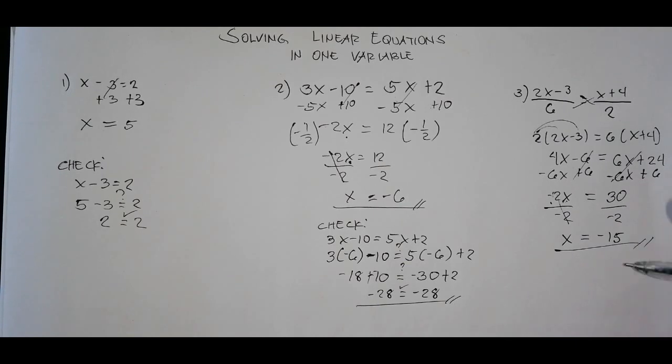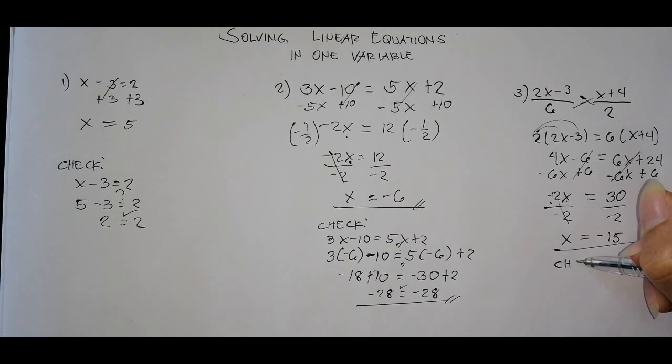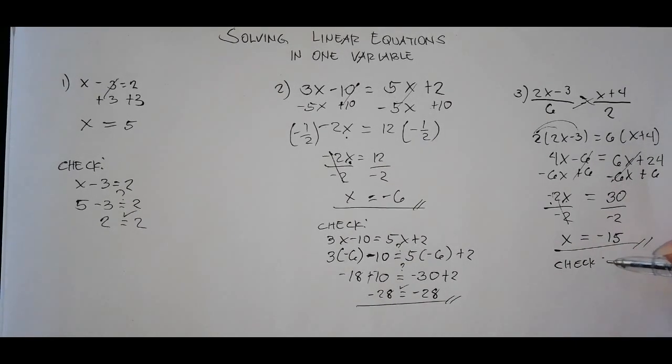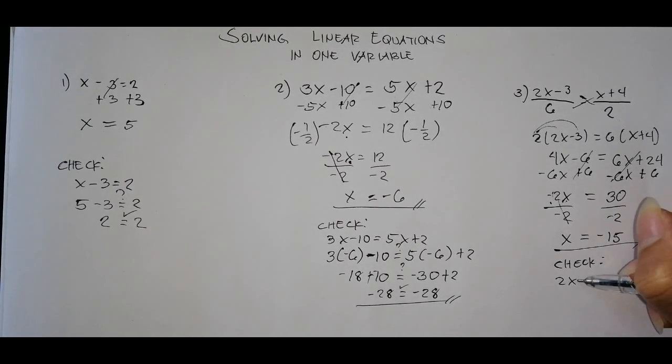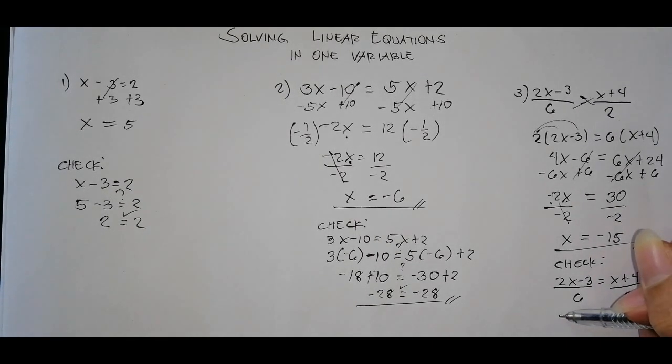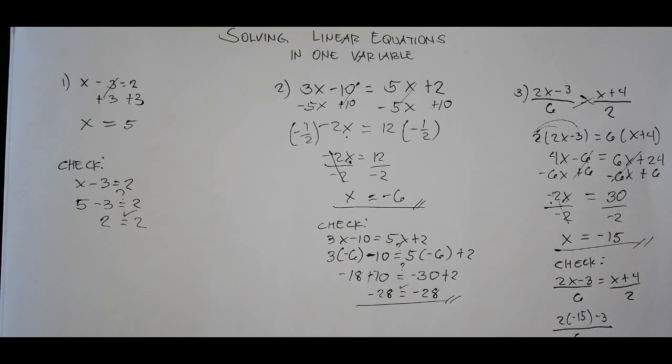So now let's check if we have the correct answer. So we have here 2x minus 3 over 6 equal to x plus 4 over 2. So we have to substitute the values. So we have 2 times negative 15 minus 3 over 6.